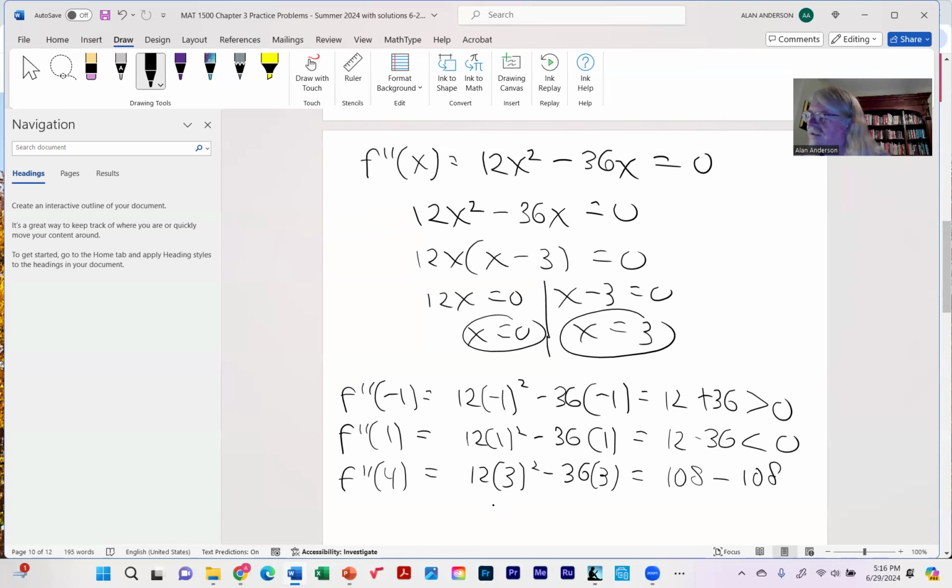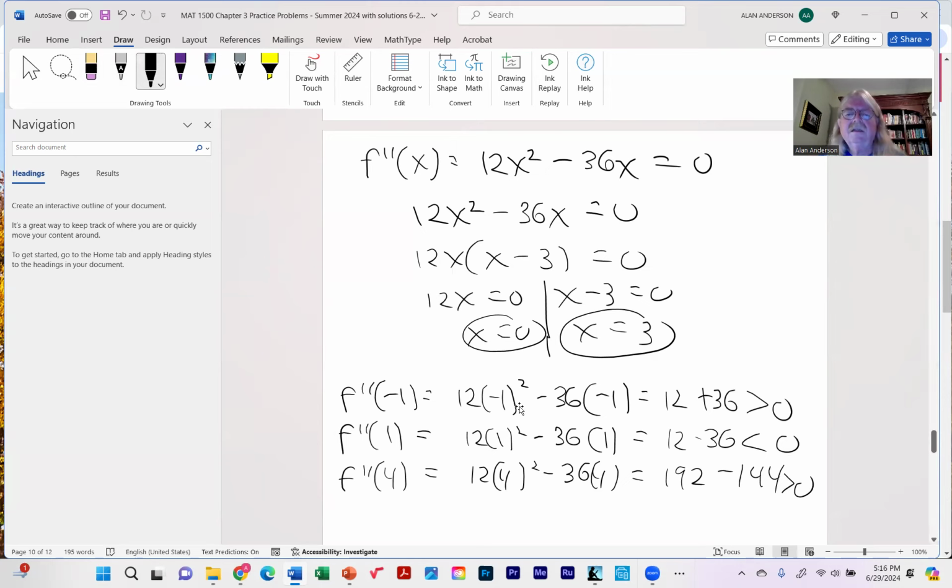No, that would help if I substituted the right number. Here we go. All right, let's try that again. 192 minus 144, so it's positive.